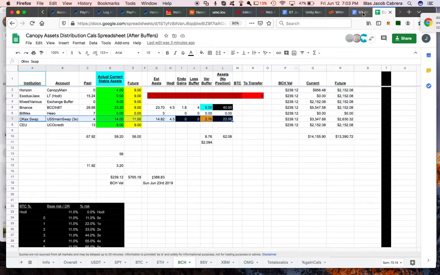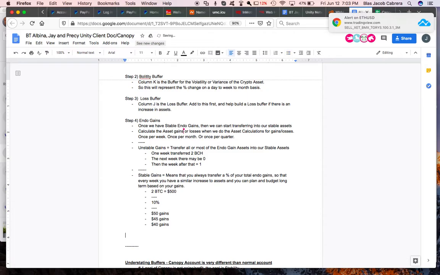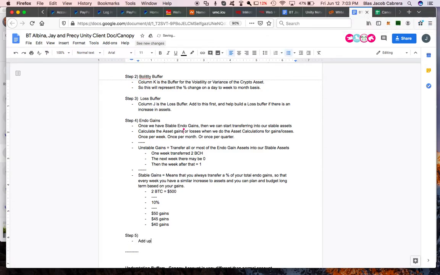I guess the last step here that we didn't write is step 5, which is adding up all of the account stable assets. And then step 6 would be comparing to the amount needed.